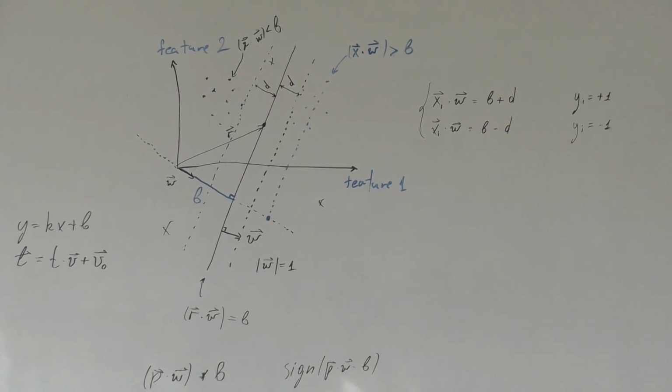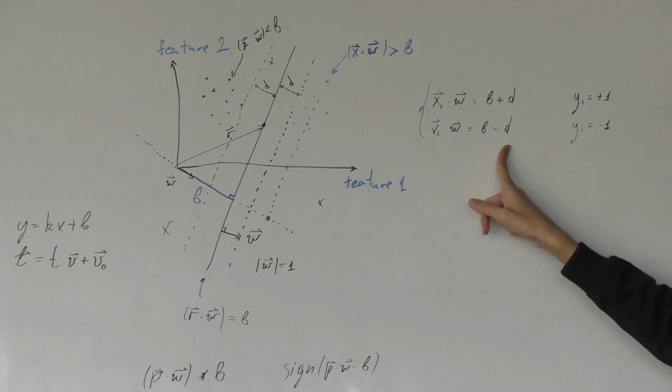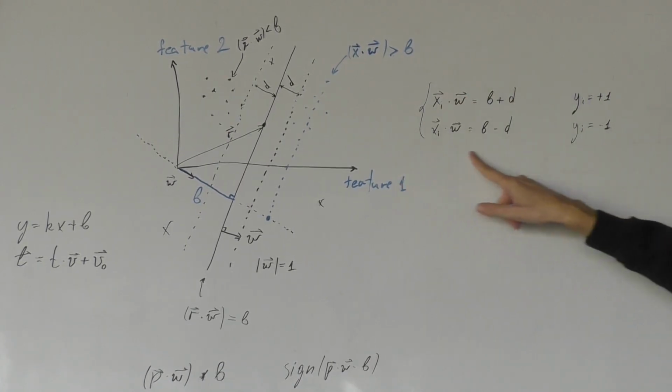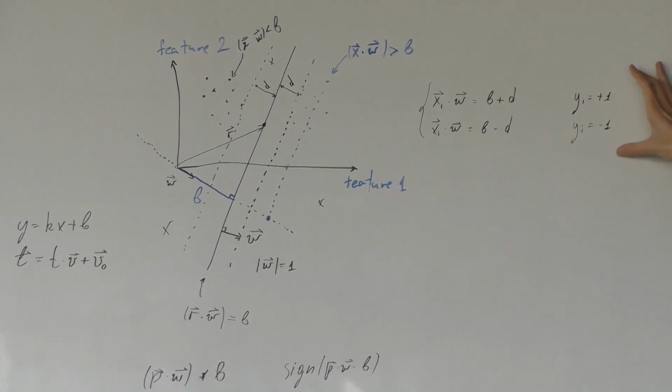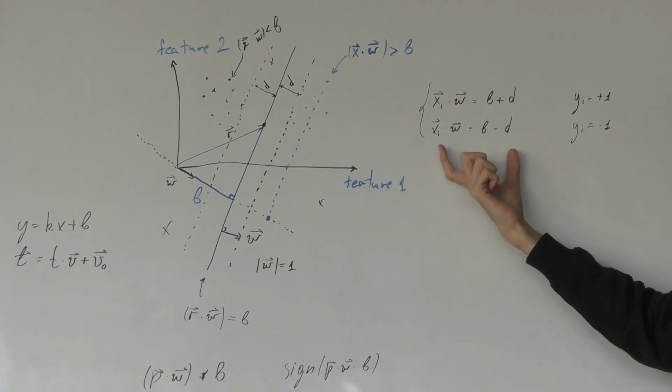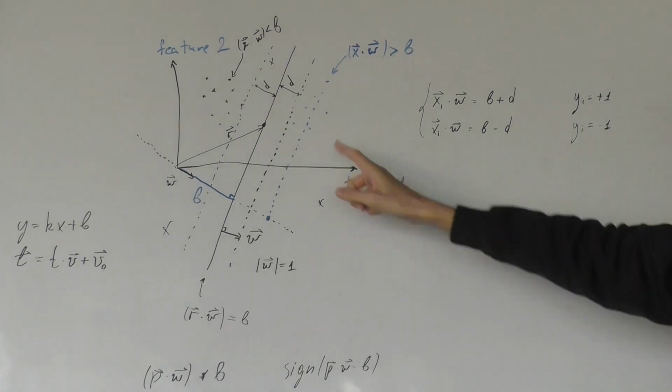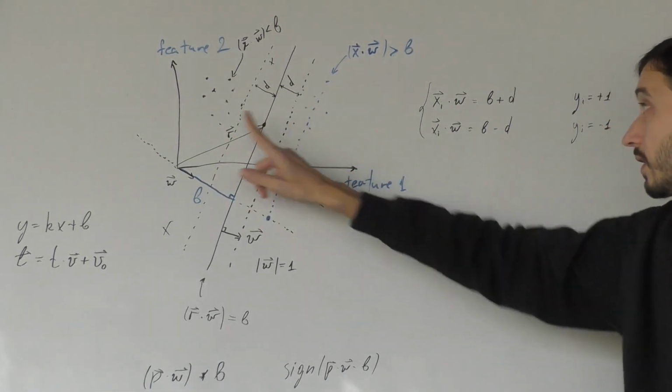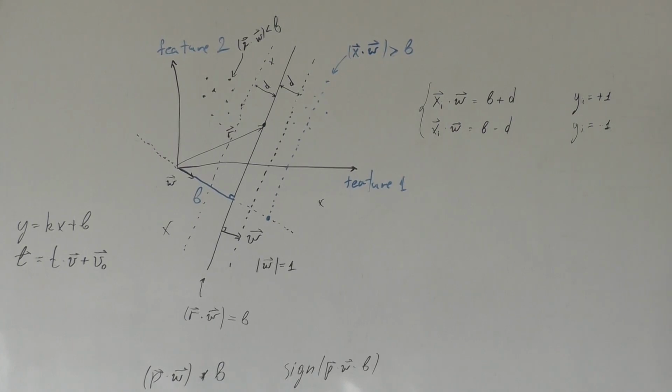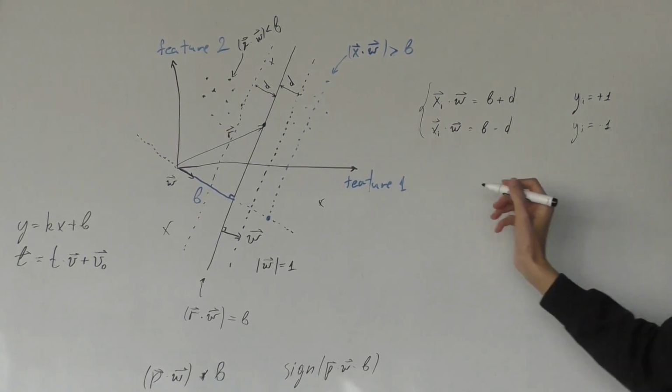And we can perform a few interesting transformations that will help us encapsulate these two equations into one, so express that for all points, disregarding the class of the point. Here's how we do that.